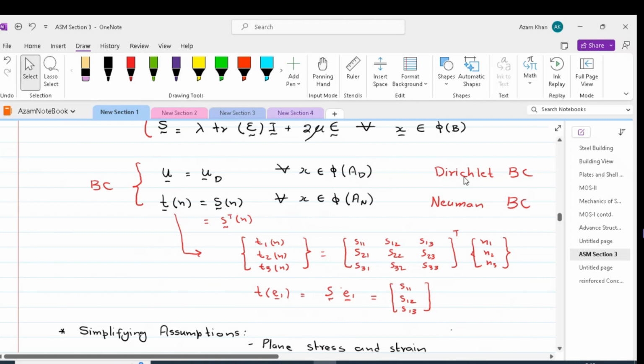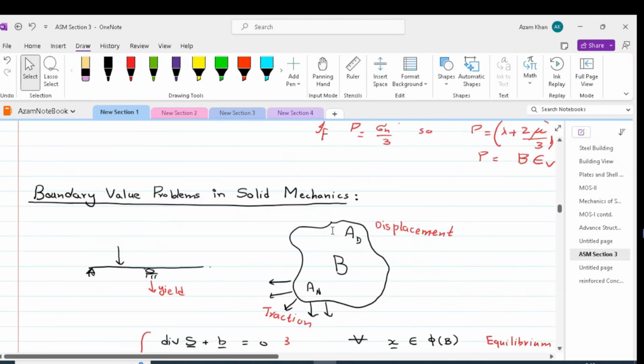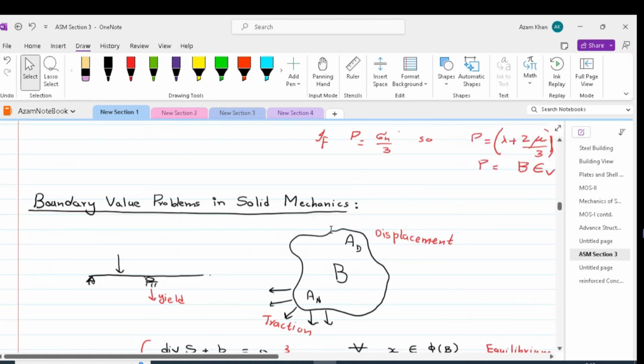The Dirichlet and Neumann boundary conditions are applicable for any x on the surface area, as we know that displacement is applied on the surface of a body, and similarly the forces are applied on the surface of the body.